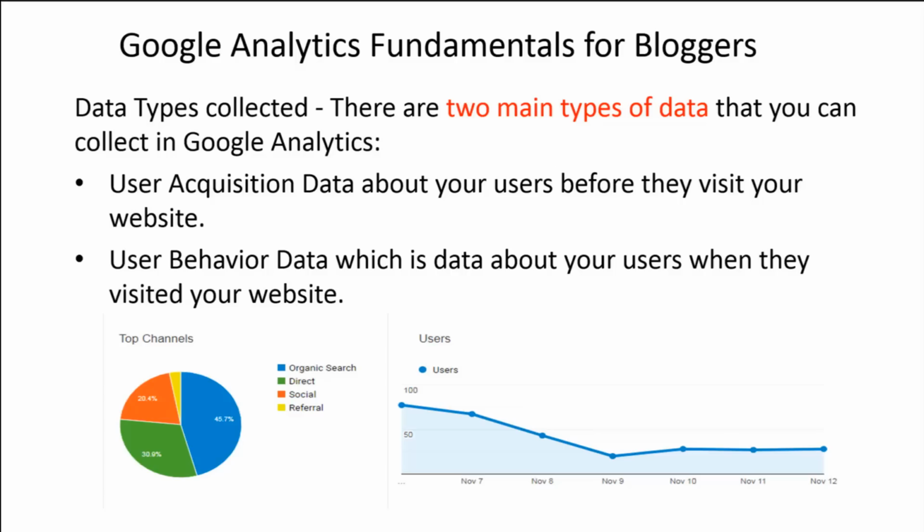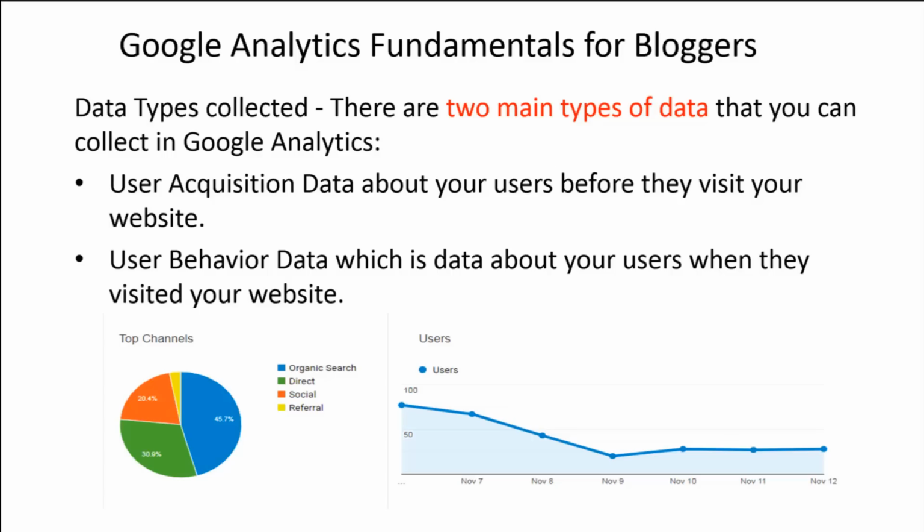And then also, when it comes to understanding your content, it also breaks that down into landing pages, exit pages, you name it. So much could be looked at between acquisition data and behavior data.